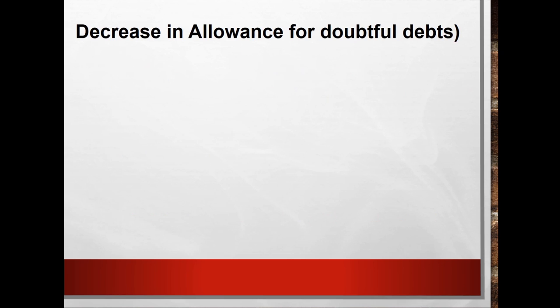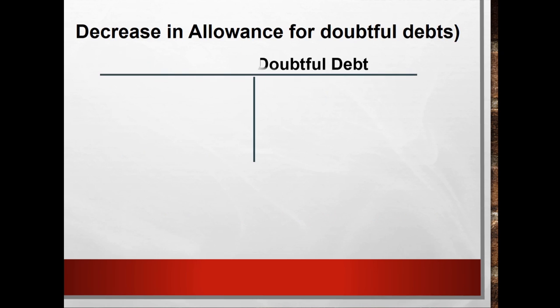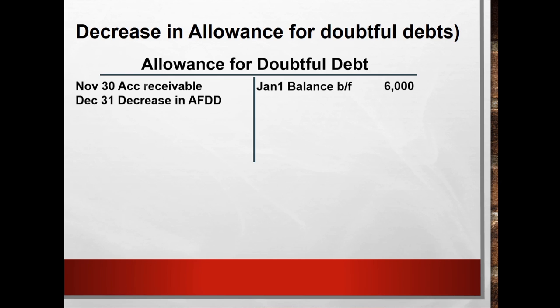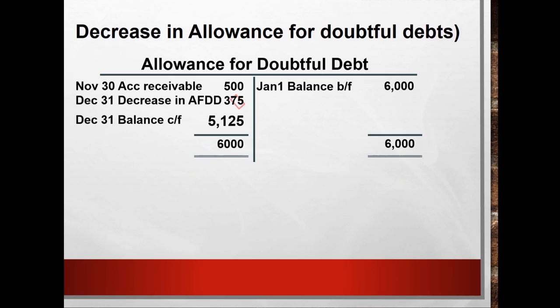The next step, you have to record all the transactions that relate to allowance for doubtful debt. We have to open allowance for doubtful debt because we want to calculate the adjustment, or the missing figure, from the account.